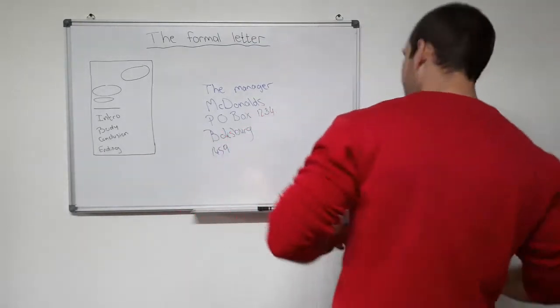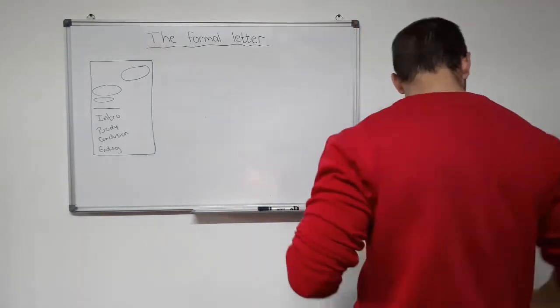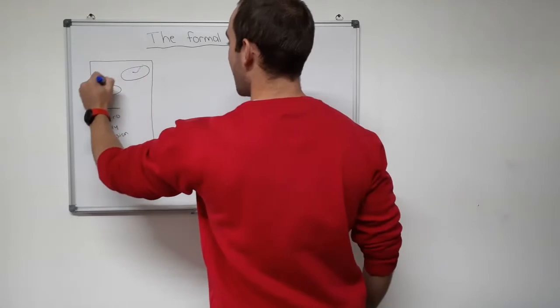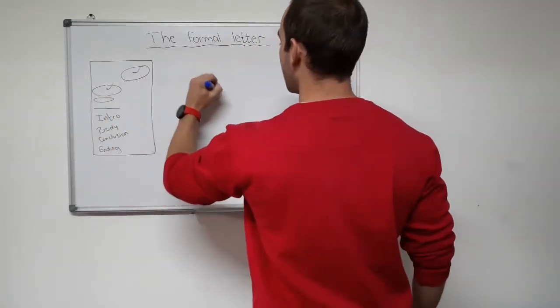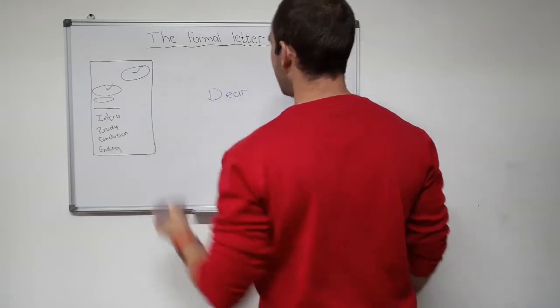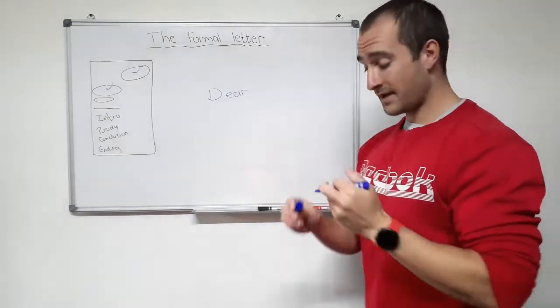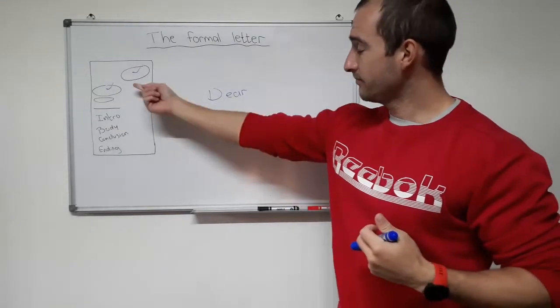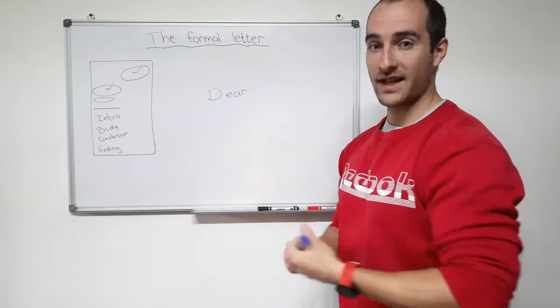So up to this point, the addresses have been dealt with. So this has been done, that has been done. The next thing here, you will write down dear, and now one of two things will happen. If you know the name of the manager, then you can write out that name.